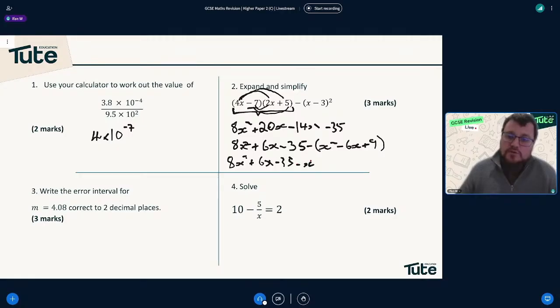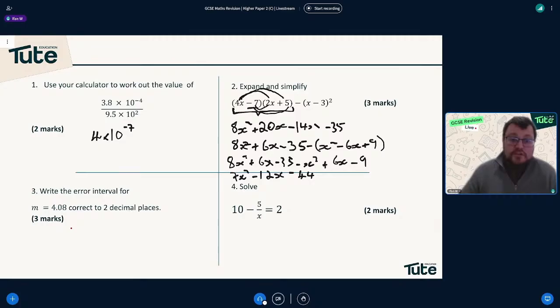So take away x squared plus 6x take away 9. That would give you, I'm going down here, 7x squared take away 12x take away 44. Therein is your answer.